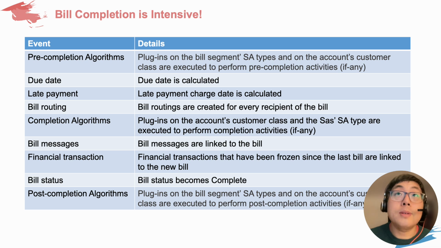Now these are what is required after the bill is completed. So let's say a bill is completed. If you want to add additional bill message, you can define some rule over there. If you want to add additional bill routing, maybe you can do that as well.